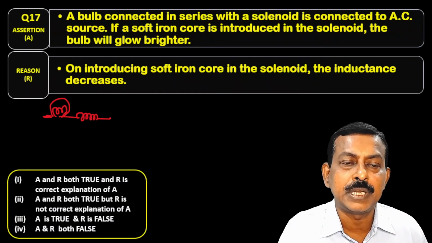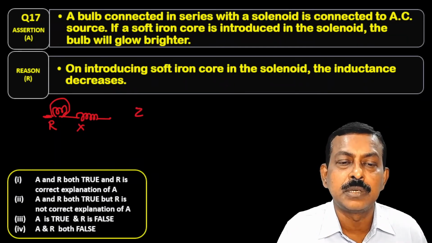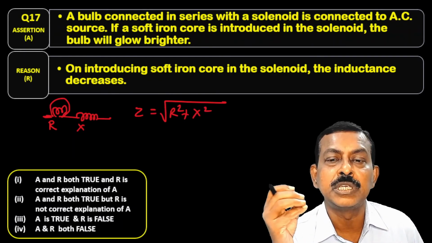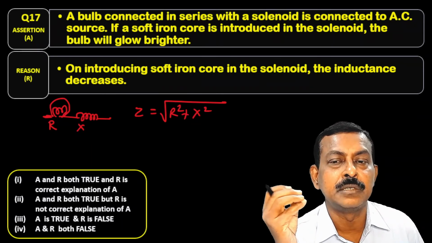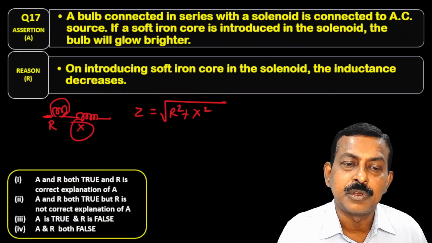So if I assume that its resistance is R and this one has the value of reactance as X, the impedance will be root over R square plus X square. When you are introducing a soft iron core inside the solenoid, obviously its reactance term will increase.